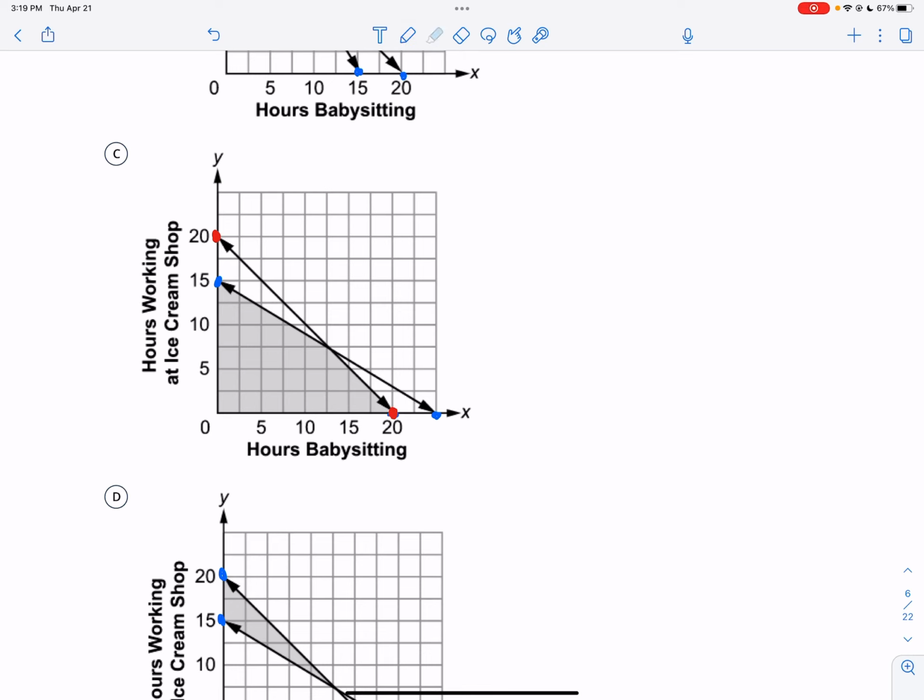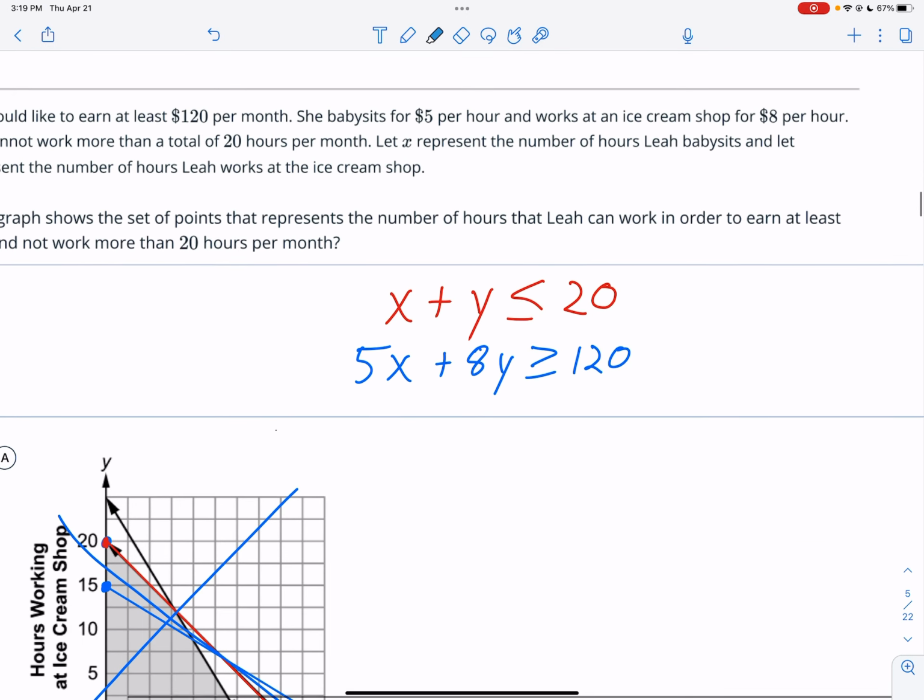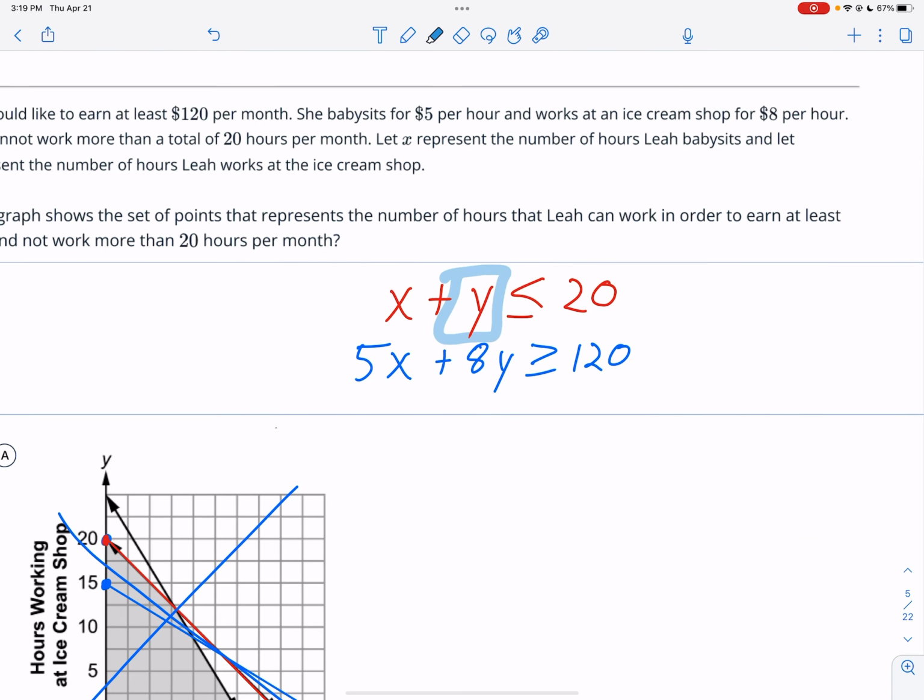So if I'm going to shade, then that one is all of my y values are shaded down below. I could keep on going down forever, and it's not as nice as it could look, but it's all those values down below. And that's because my y, once I move that x over there, is less than that.